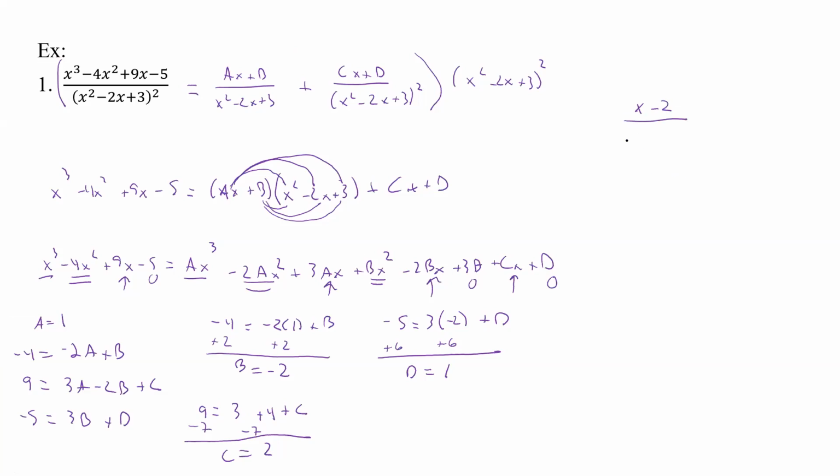All over x squared minus 2x plus 3, plus C, which we said was 2x plus D, which was 1, all over x squared minus 2x plus 3, the quantity squared.